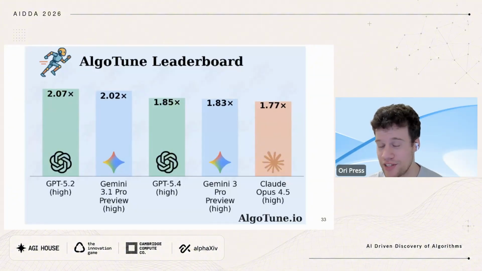GPT 5.2 is the best, followed by Gemini 3.1, and GPT 5.4 is actually a bit worse than GPT 5.2 and Gemini. And Claude 4.5 is good, but Claude is very expensive, and as we know, the benchmark is limited by $1. What happens often is when you give the models the task, they hallucinate an entire conversation with the system.